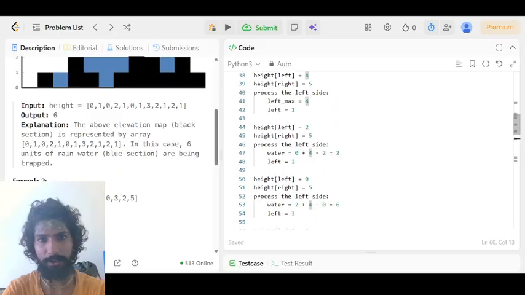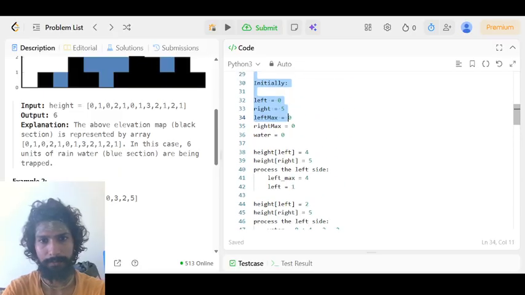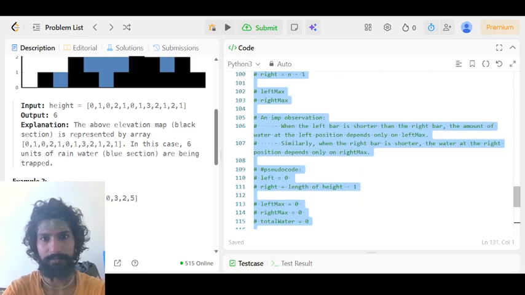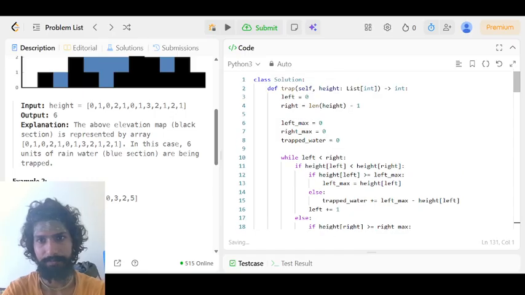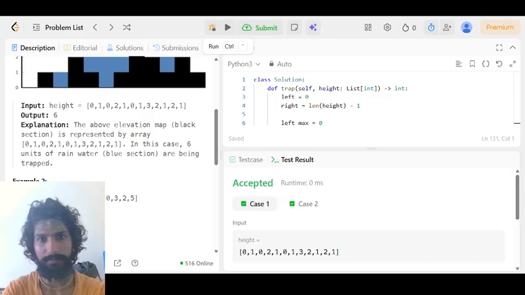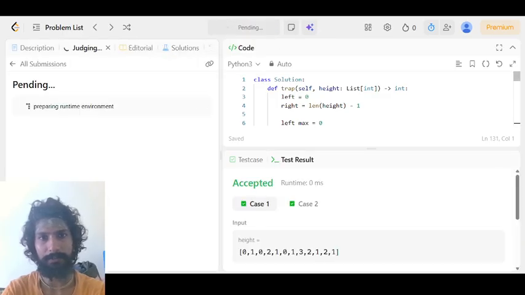Let us run the solution once. Now let us submit it.